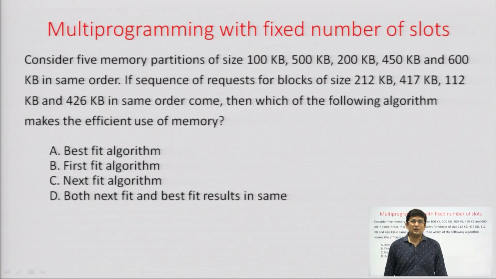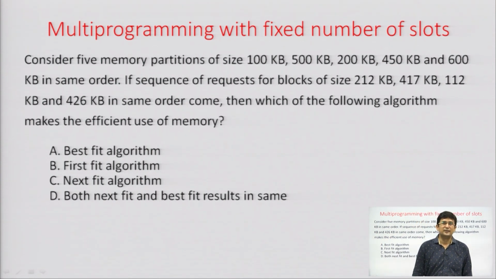Now, let us solve a question to have a better understanding of the fixed size partitioning schemes. Consider 5 memory partitions of 100 KB, 500, 200, 450 and 600 KB in the same order. If a sequence of requests for blocks of size 212, 417, 112, 426 come in the same order, then which of the partition algorithms makes efficient utilization of the memory?